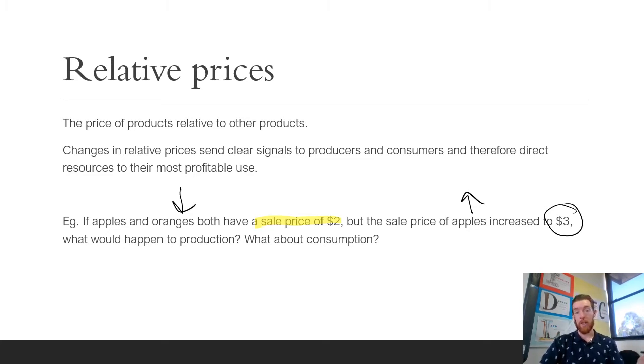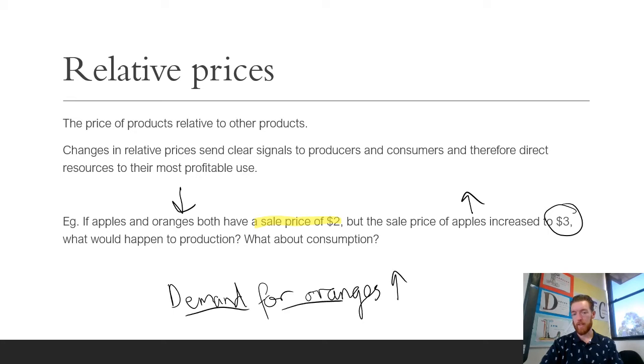And for consumption, it's all about, well, from a consumer, what are you going to do? You're going to buy whichever is cheapest. So in this case, for consumption, if the relative price of apples has increased, you are going to move your demand towards oranges. It's better value. That's all about consumption.